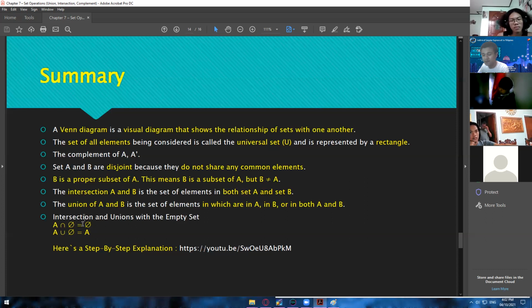But if we have A union the null set, or empty set, it is equal to A, since if you combine it with nothing, or with the empty set, it will remain as it is. Okay.